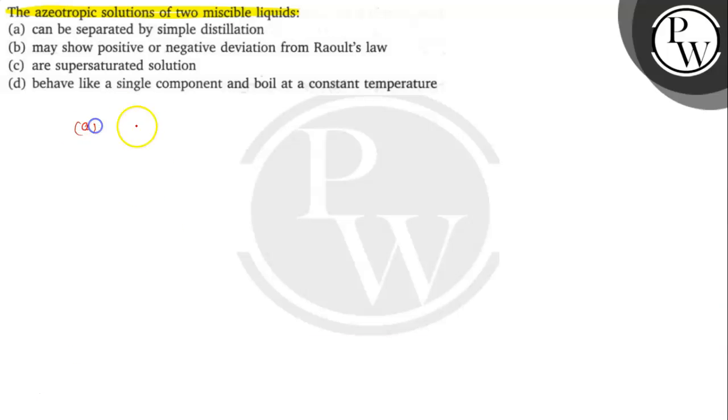So option A says that can be separated by simple distillation. First we will see what is azeotropes. Generally azeotropes are a mixture of at least two different liquids, and their mixture can either have a higher boiling point than either of the components, or they can have a lower boiling point.